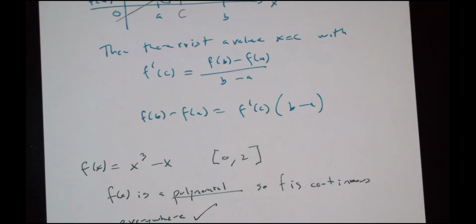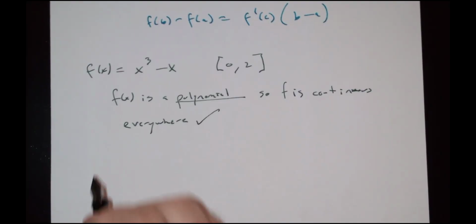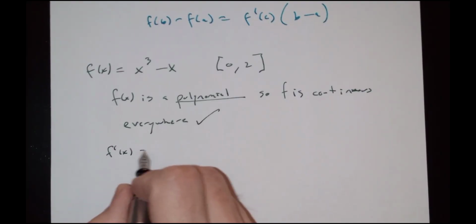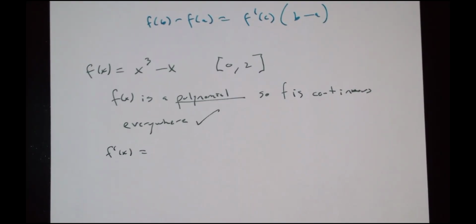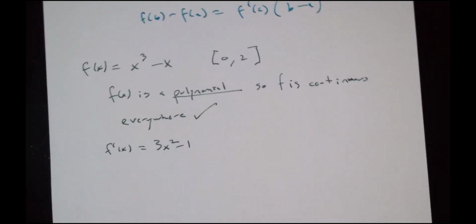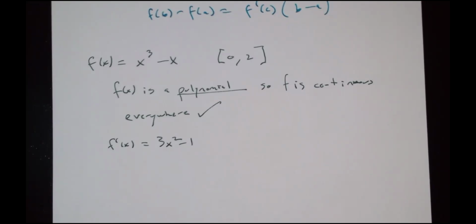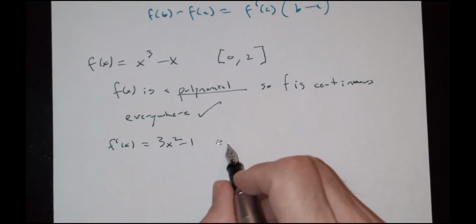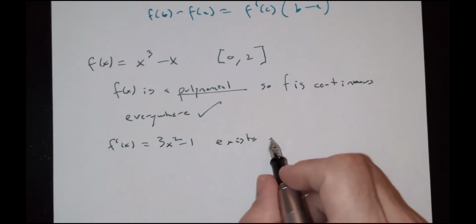What's f prime? Which is also a polynomial, right? So this exists everywhere.